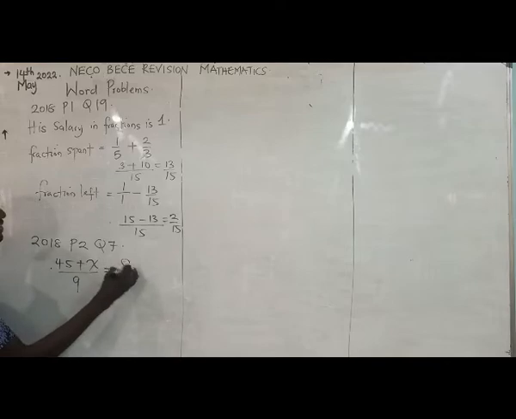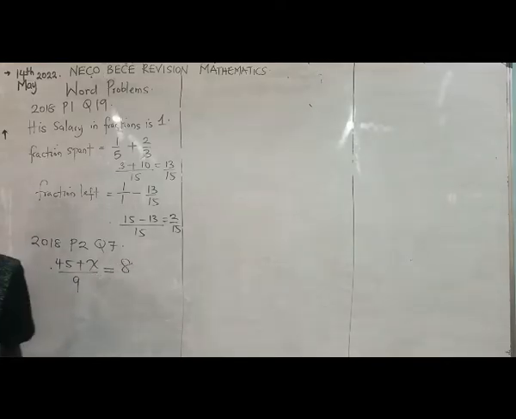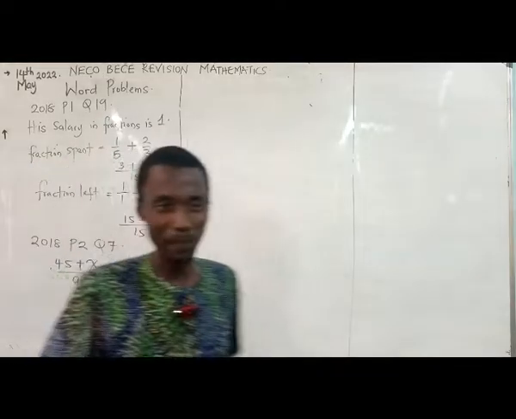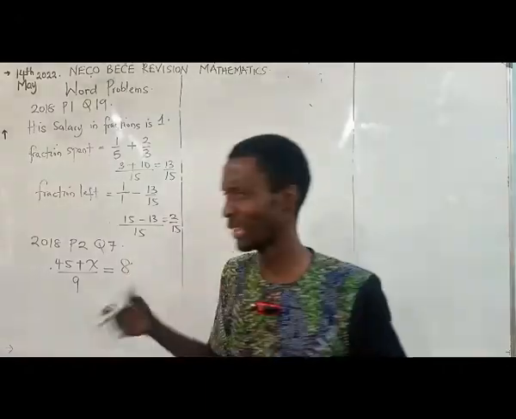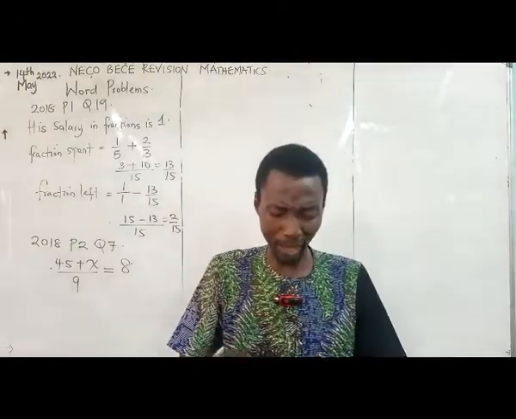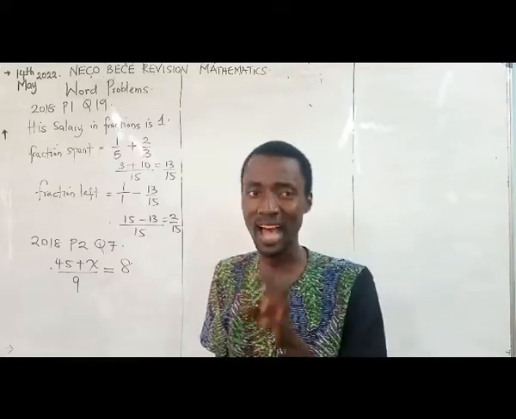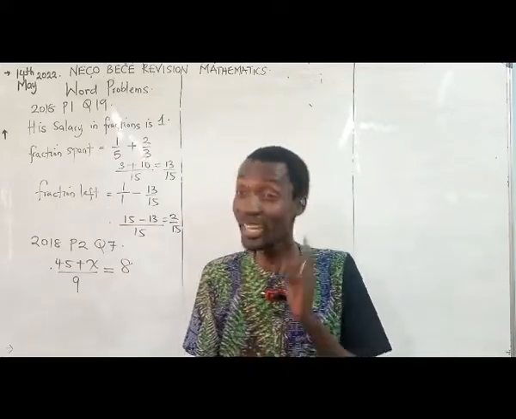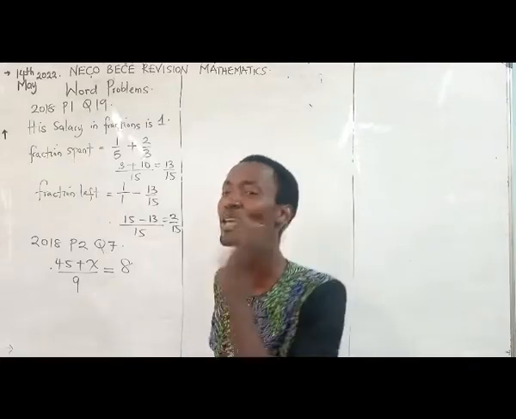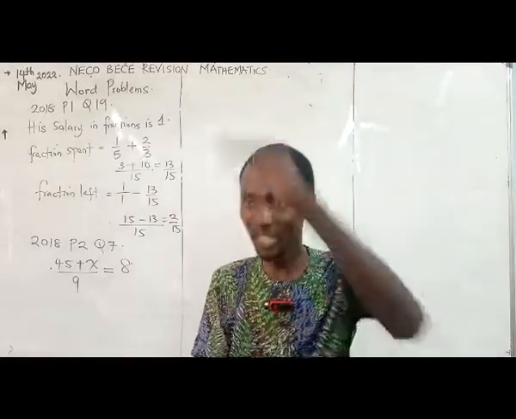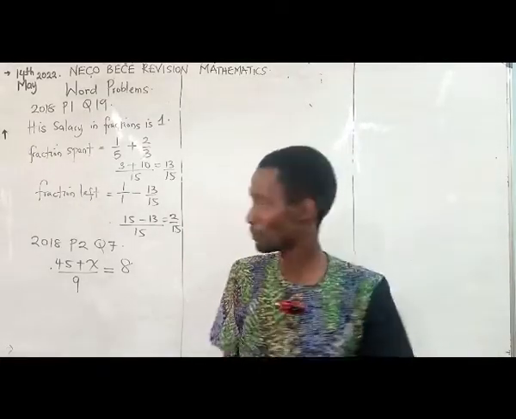The quotient is 8. That word quotient means the answer. I remember when I was taking this, I took you back to your primary school. The concept of quotient and remainder. So anytime you hear the word quotient, the quotient is the whole number you get after dividing two numbers. Please, let's not forget that.